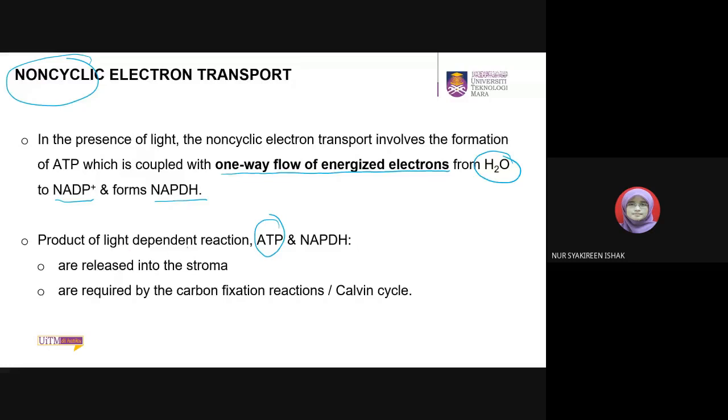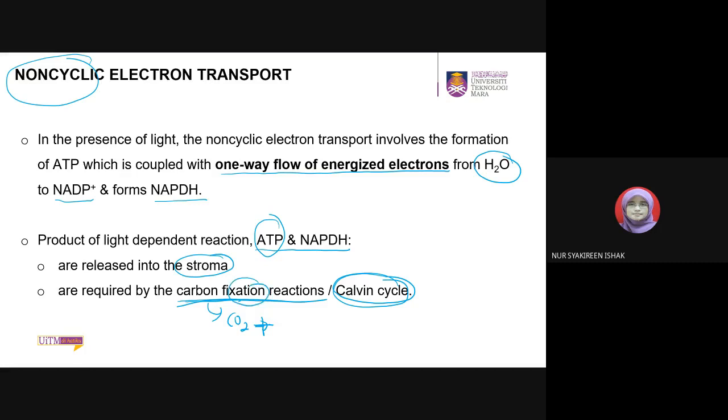Okay, so the product of the light dependent reaction is ATP and also NADPH, which is released into the stroma and required during the Calvin cycle, ataupun kita panggil juga ni sebagai carbon fixation. Carbon fixation maksudnya the carbon of carbon dioxide is incorporated with an organic molecule which is part of the Calvin cycle to form another product, okay, which is a 3-carbon sugar.